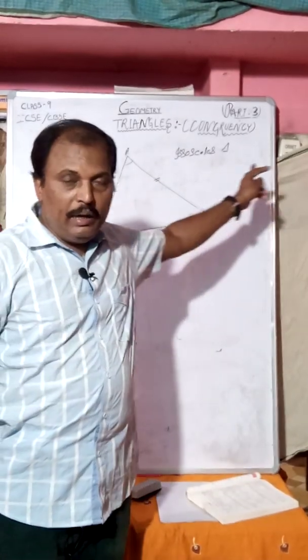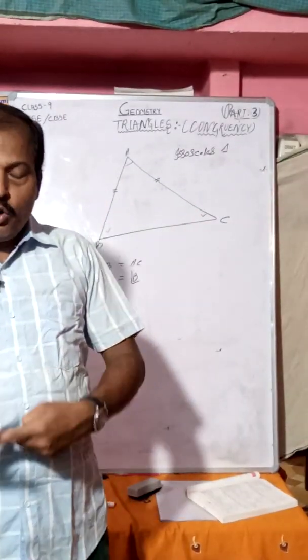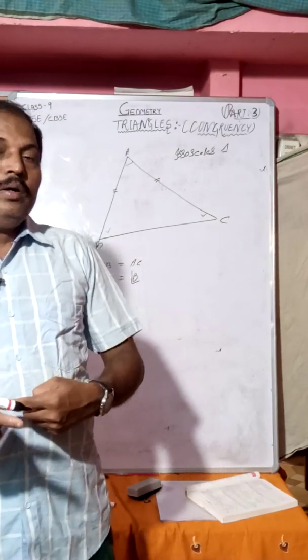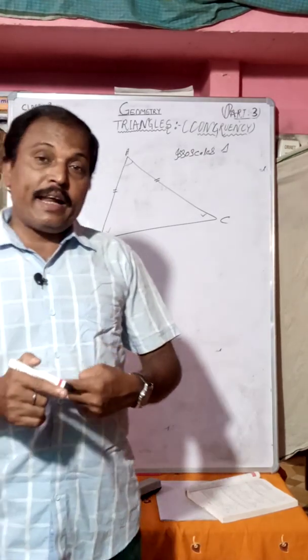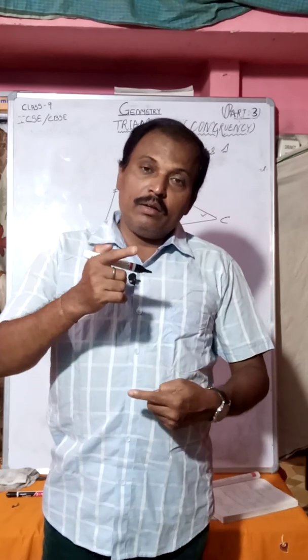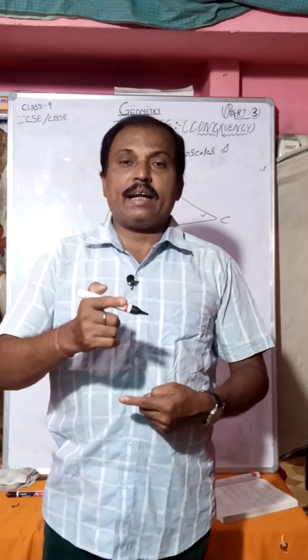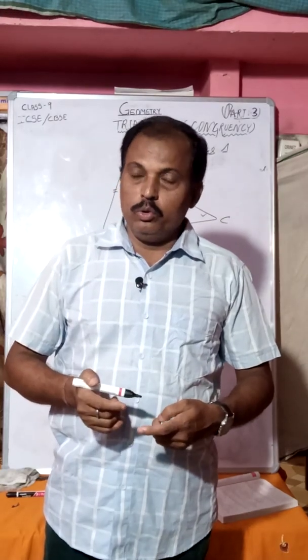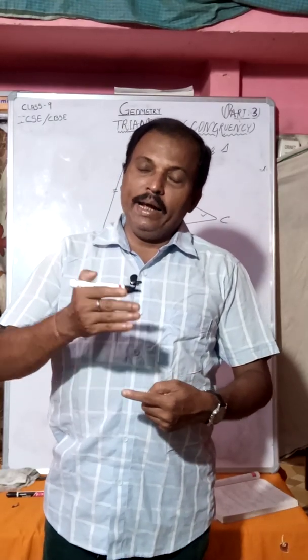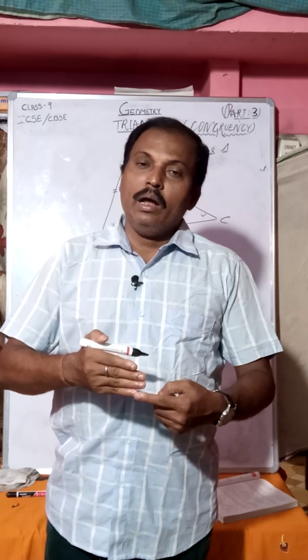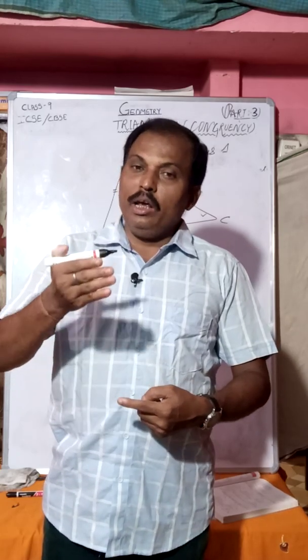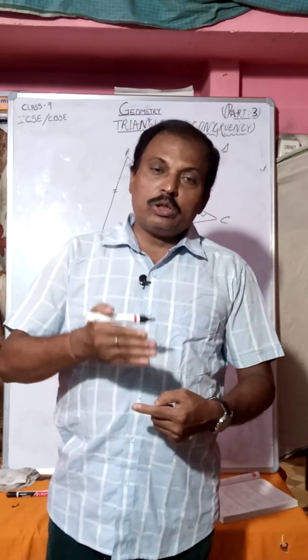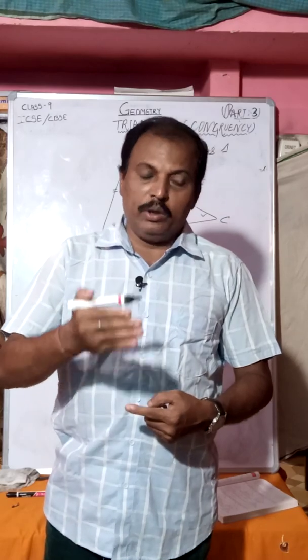Two sides equal, two angles equal. Conversely, if two angles of a triangle are equal, then the two sides of that triangle opposite to them are equal.